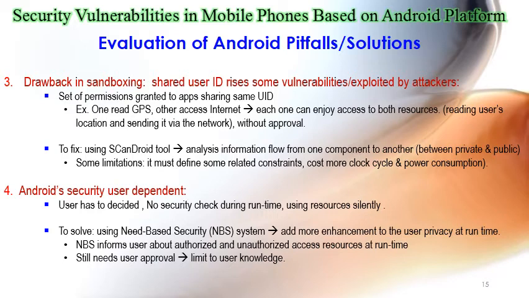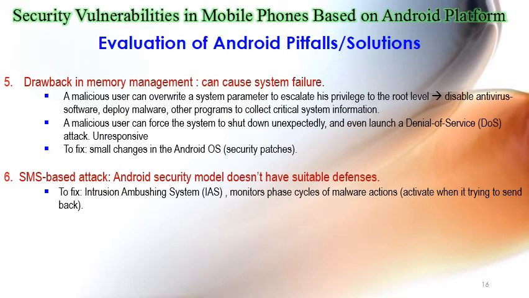So it's limited to the user's knowledge to give this approval. Alright, there is also a drawback in memory management that helps attackers cause system failure or force the system to shut down unexpectedly. This issue was fixed by making a small change in the Android operating system as security patches.